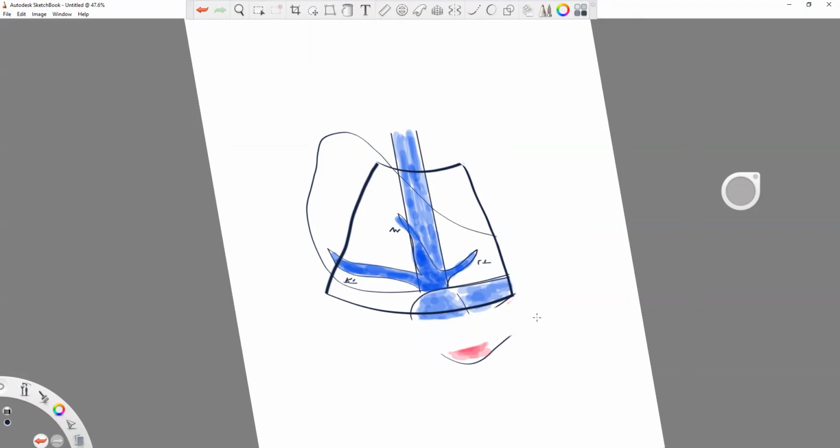So outside of our region of interest, or our area of being able to see, and actually we really don't see this. We don't see the IVC in this perspective. So let's get rid of the IVC as well, because that's going to confuse us a little bit.